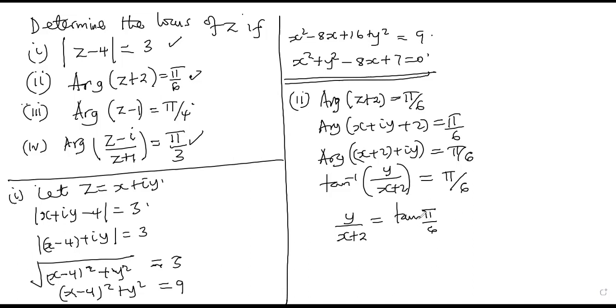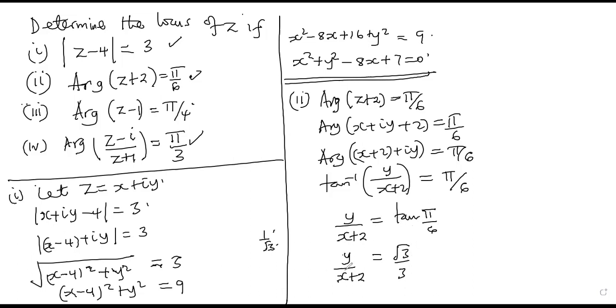Pi over 6 is 30, so tan 30 is 1 over root 3. So y over x plus 2 is the same as 1 over root 3. And 1 over root 3, if you rationalize, multiplying root 3 up and down, will be root 3 over 3.